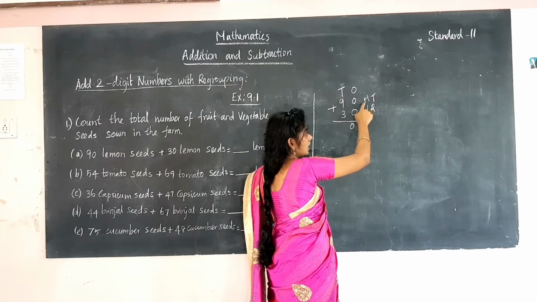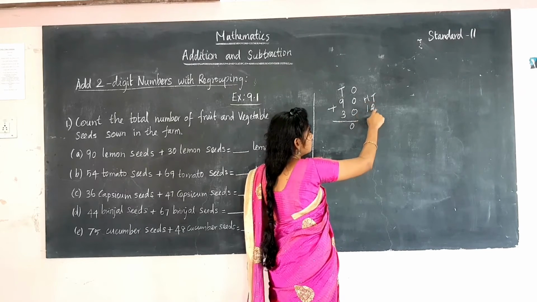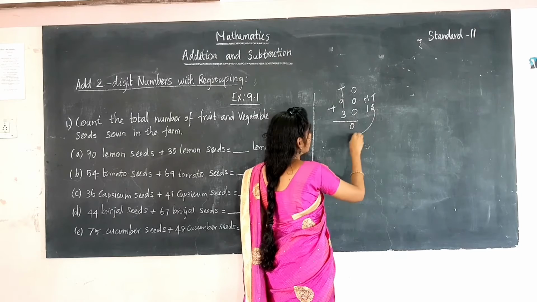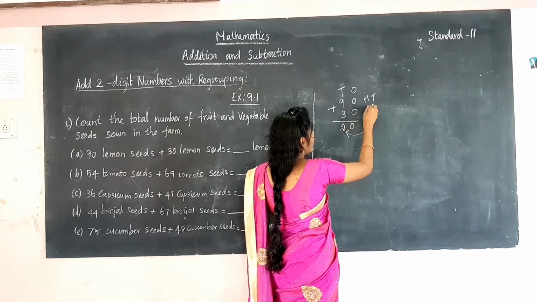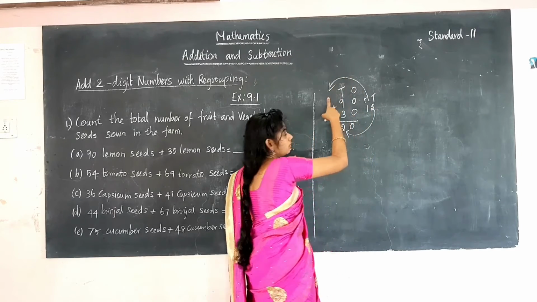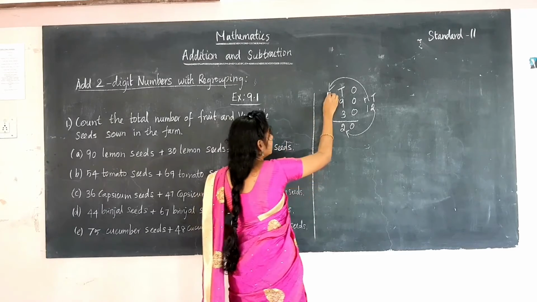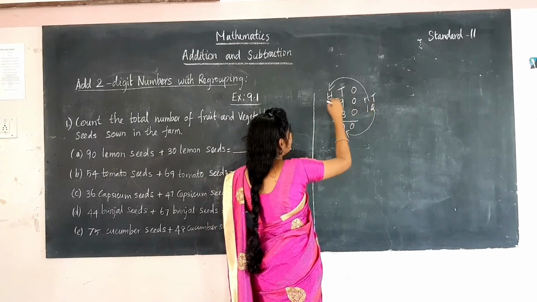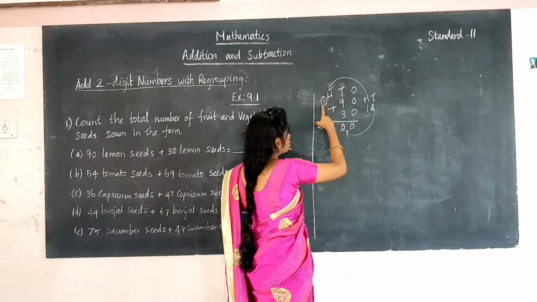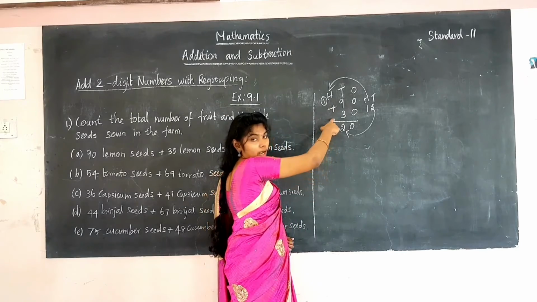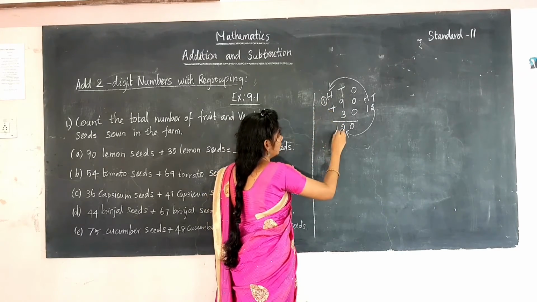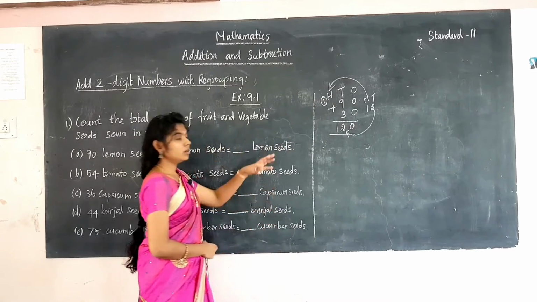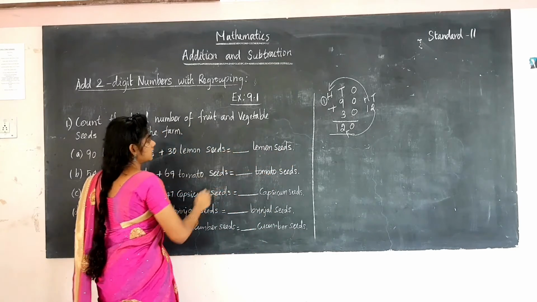So take 2 to the tens place, and take 1 to the hundreds place. Here we didn't write the hundreds place, so write the hundreds place and then write 1 here. Now there is no number in hundreds, so you can take 1 down. So the answer is 120 lemon seeds.